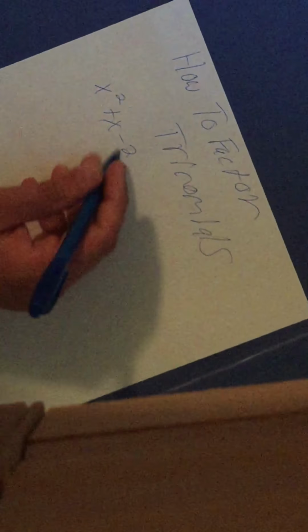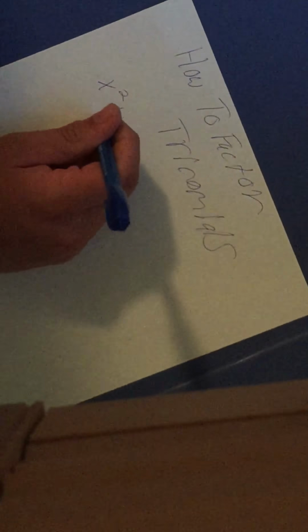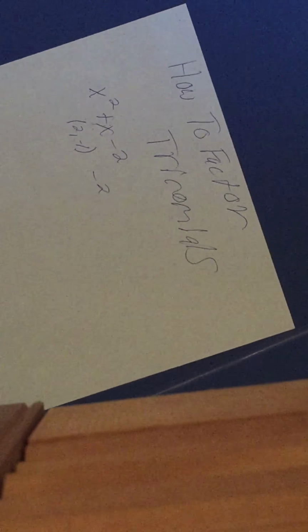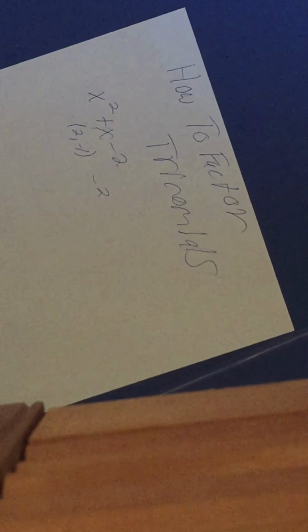So the two numbers that multiply to negative 2 and get to 1, the number in front of the x, would be positive 2 and negative 1, because 2 times negative 1 is negative 2, and 2 minus 1 is 1. So those are your two magic numbers.